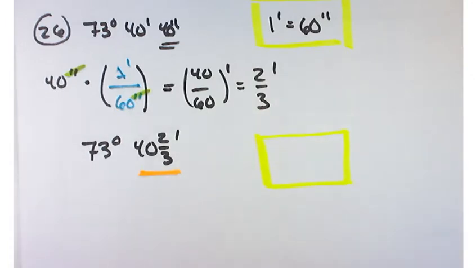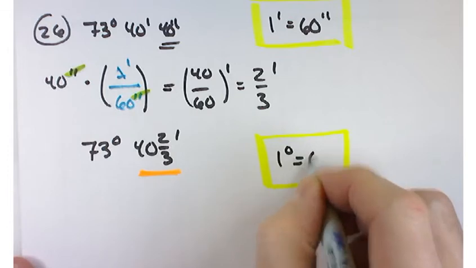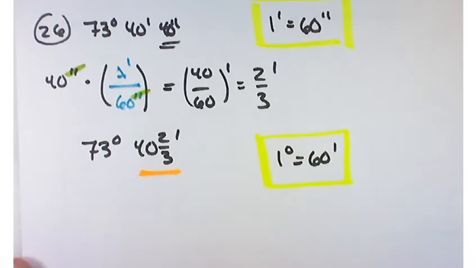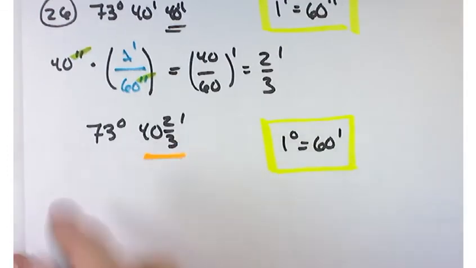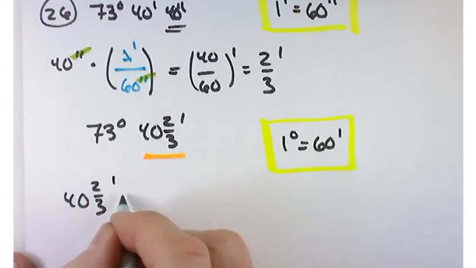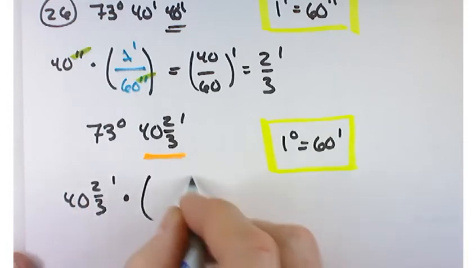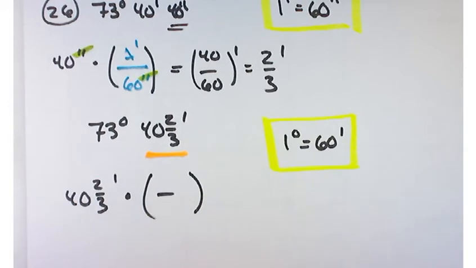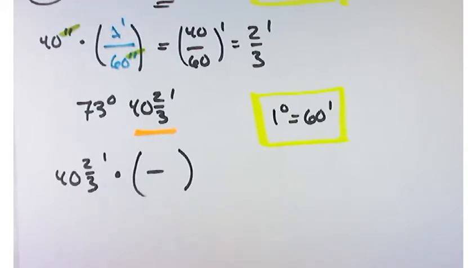Let me remind ourselves, 1 degree was 60 minutes. So when I take this portion here, 40 and 2/3 minutes, I'm going to multiply it by something to get rid of the units of minutes and end up with degrees. So what should I multiply by?